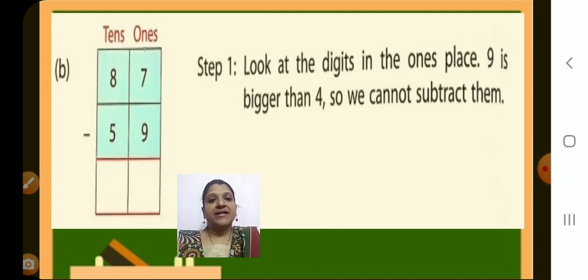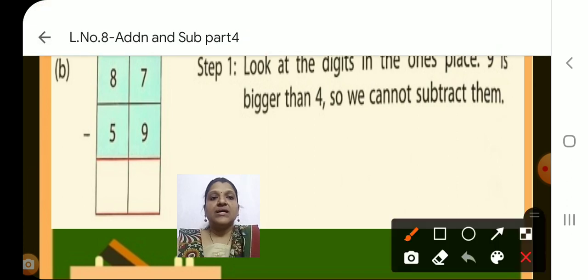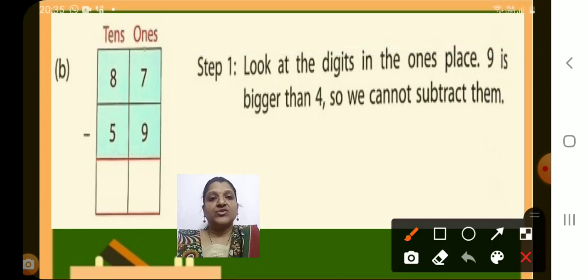87 minus 59. Children, here 87 has been misprinted in our book. It should be 84. So simply strike it off and write the number 4 over here. So it is 84 minus 59. Step 1, now we will read.